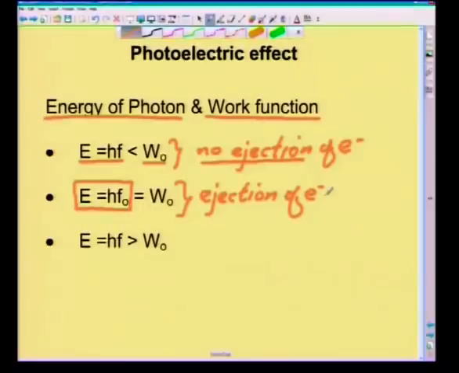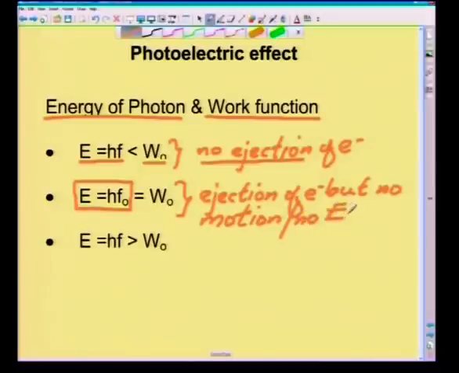An electron will be ejected, okay? But that electron won't have enough energy to fly off the surface of the metal, to move away from the surface. In other words, it will be ejected, dislocated, dislodged, but it won't be removed from that metal surface. So the electron stays there, it is ejected, but no motion, no EK, okay?